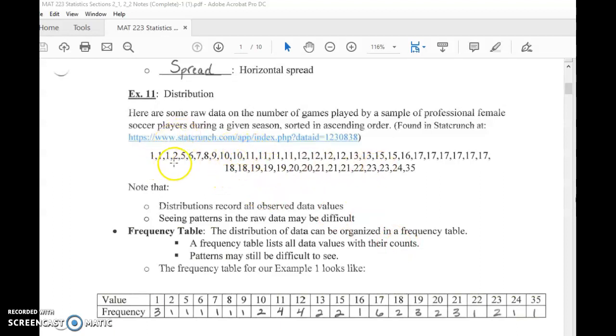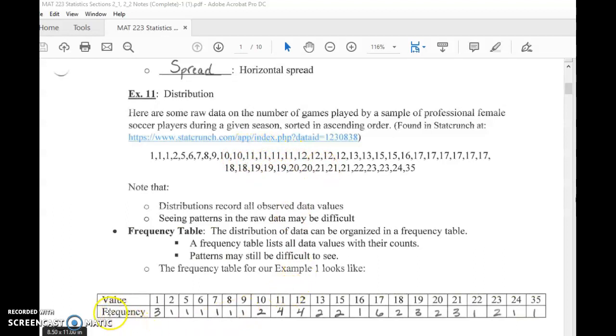We're not learning how to sort in this class, but I have this data sorted from lowest to highest already. But we can see things like, hey, there were 3 soccer players that only played 1 game. There was 1 that played 2, 1 that played 5, 1 that played 6, 1 that played 7, etc. Until we get to 10, there were 2 that played 10 games. There were 1, 2, 3, 4 that played 11 games.